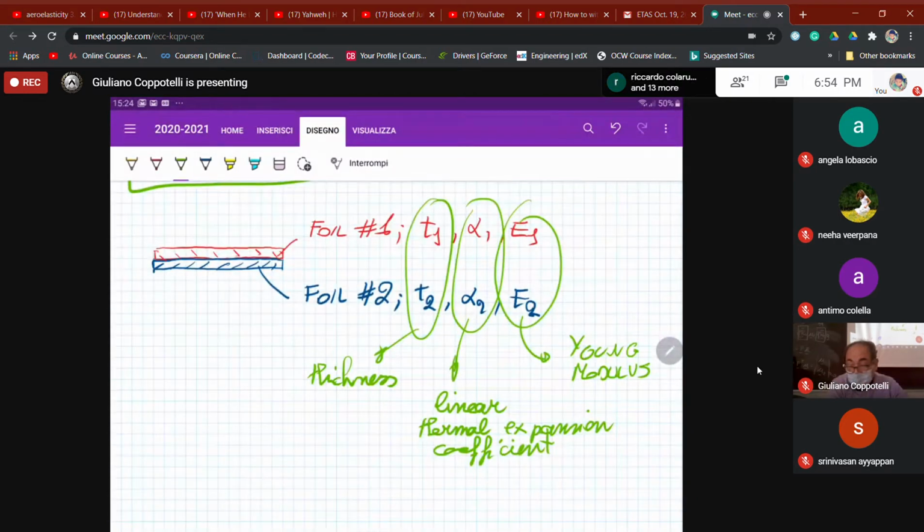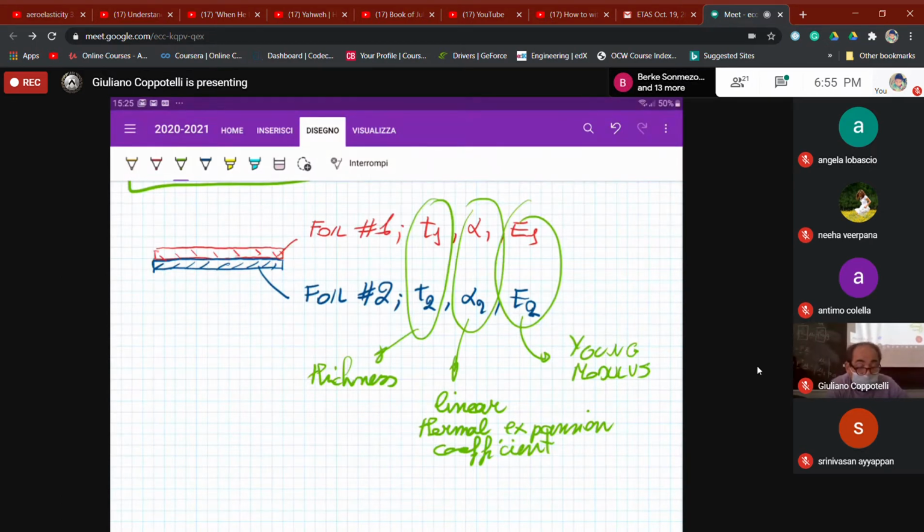Now, what happens when we are having this bimetal thermometer that is operating at a different temperature with respect to the one that I consider when manufacturing this bimetal thermometer.